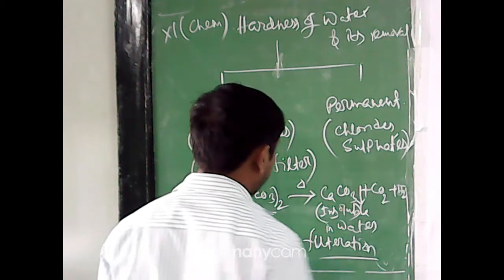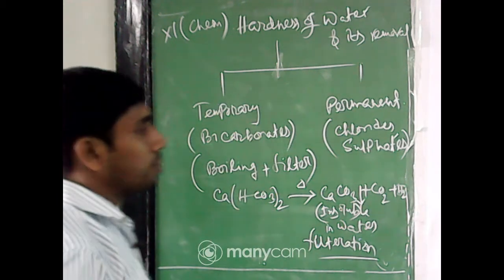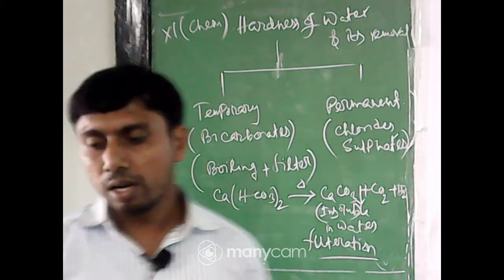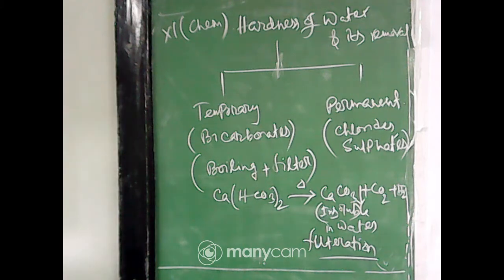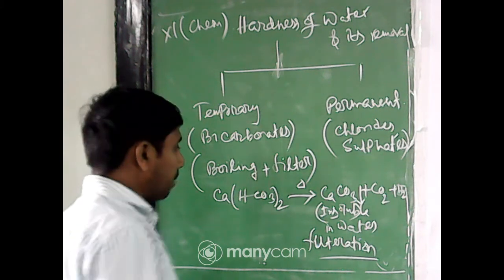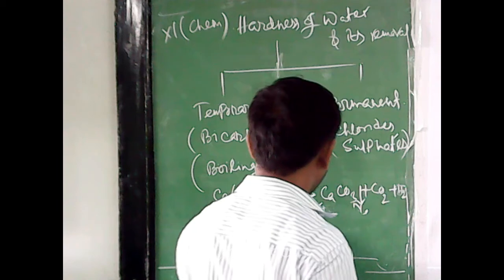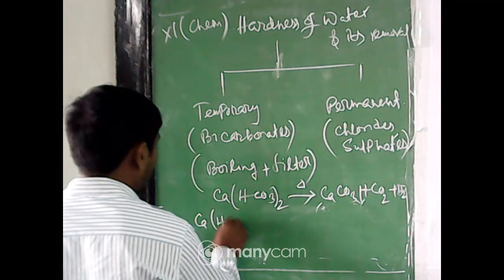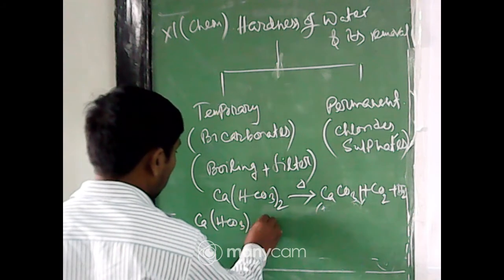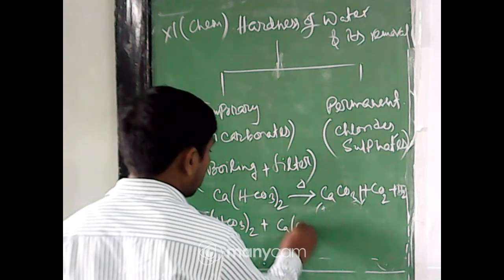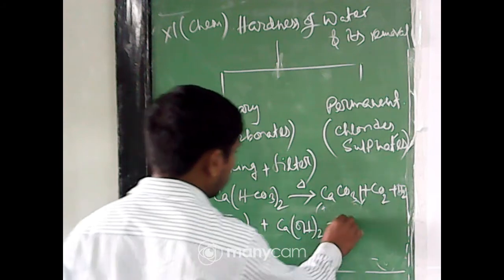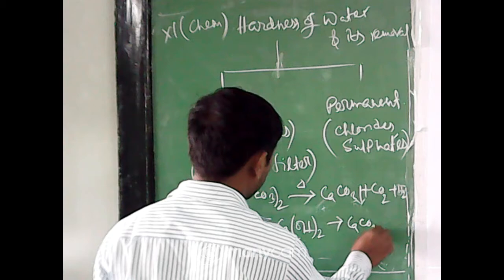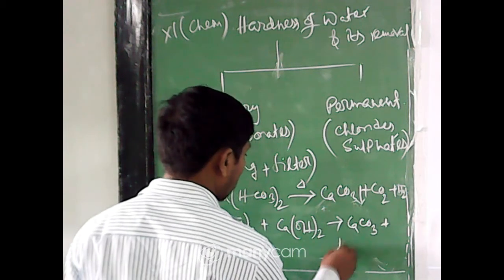So what are the processes? The first step is boiling, the second is filtration. That is one case. The next one is using slaked lime. If calcium bicarbonate is present and we add calcium hydroxide to this medium, then it will produce CaCO3 plus H2O.